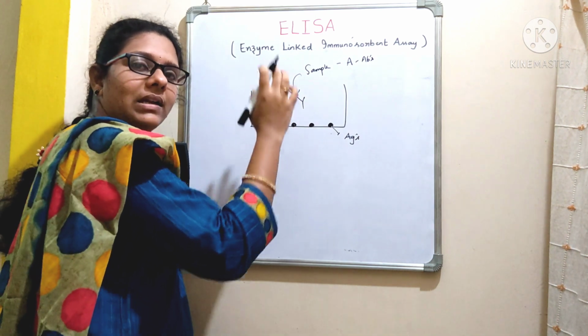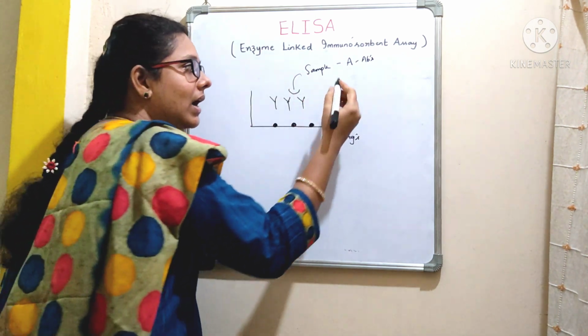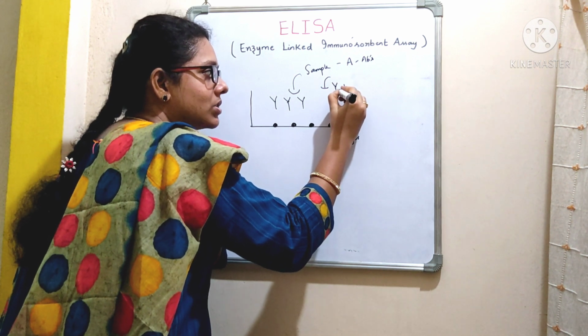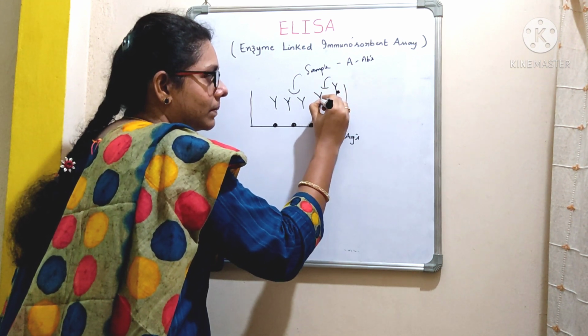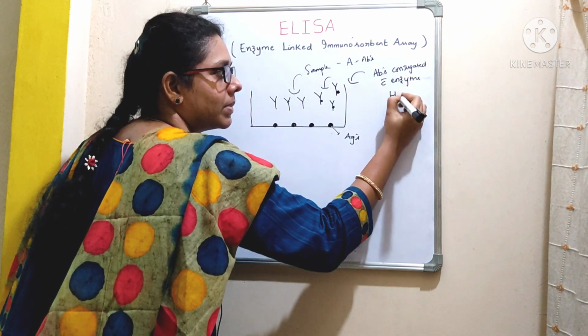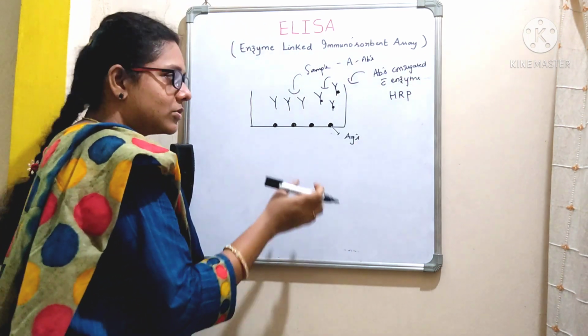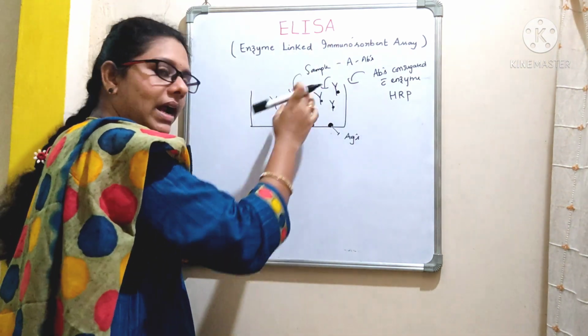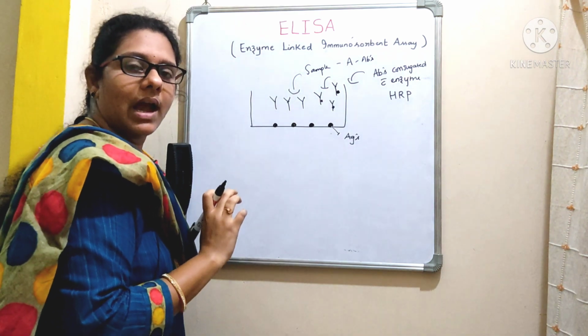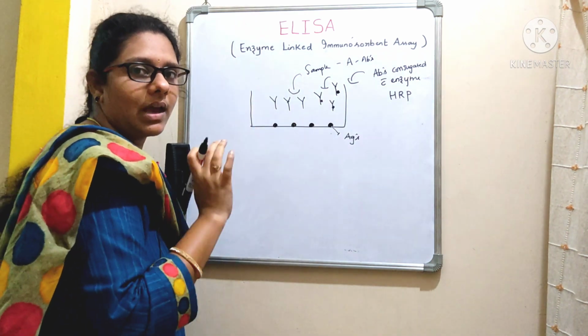Along with these A antibodies, what else do we need to add? We need to add antibodies that are conjugated with the enzyme HRP. So you have coated the antigens, you have added the sample containing the antibodies, and also you have added the antibodies that are conjugated with the enzyme.